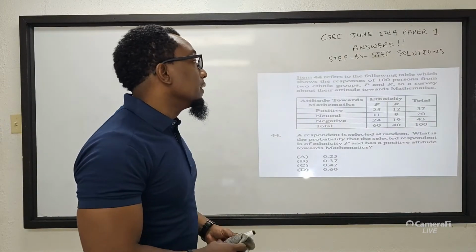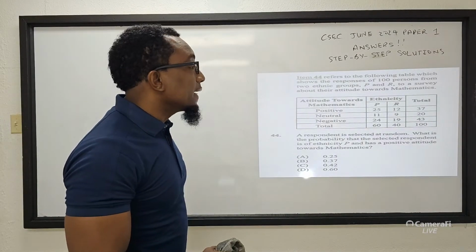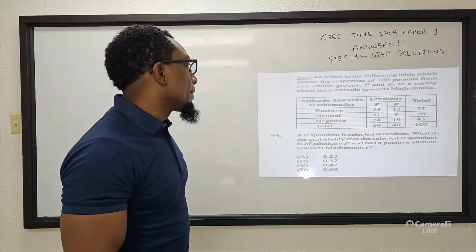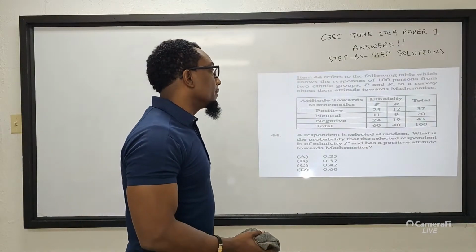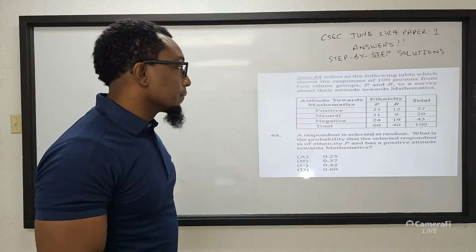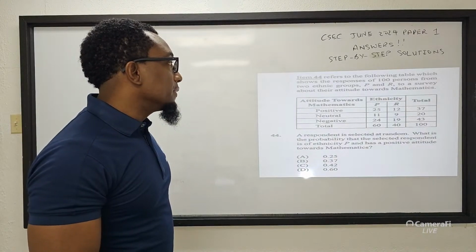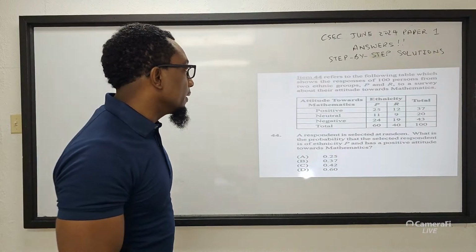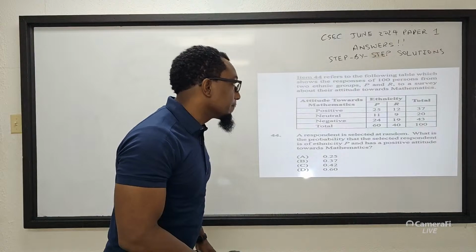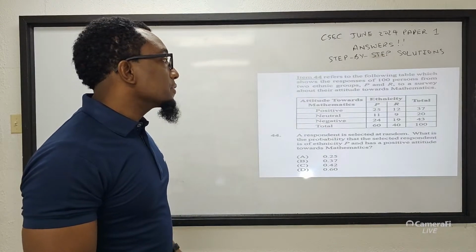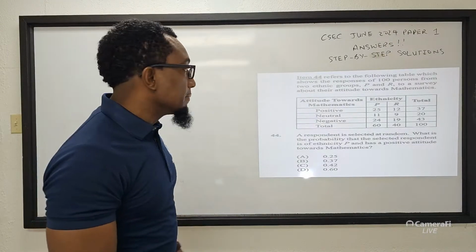So a survey, which of course is highlighting the attitude towards mathematics. So it says here a respondent is selected at random. What is the probability that the selected respondent is of ethnicity P and has a positive attitude towards mathematics?